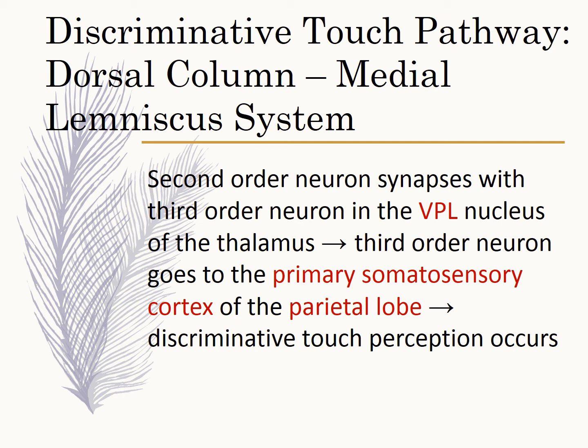The axon of the third order neuron takes the posterior limb of the internal capsule and the corona radiata to the primary somatosensory cortex in the parietal lobe. Once the information reaches the primary somatosensory cortex, conscious perception of discriminative touch takes place.